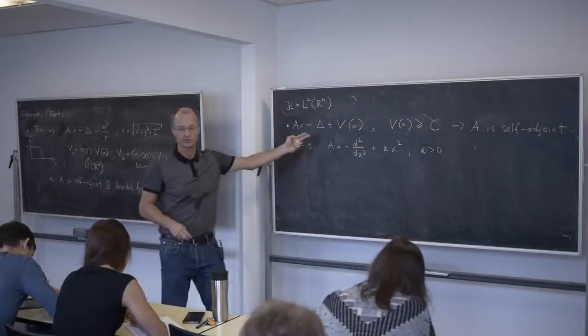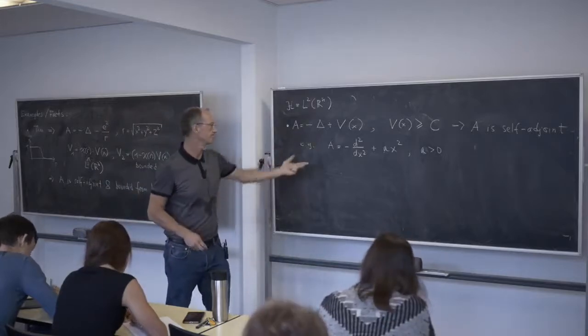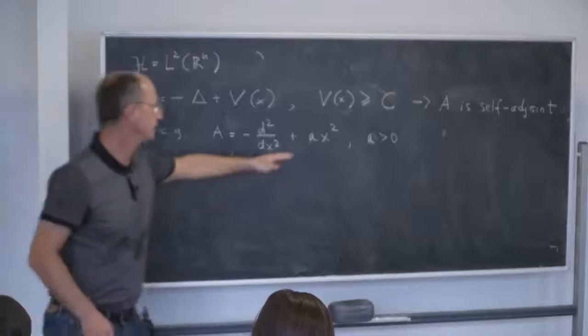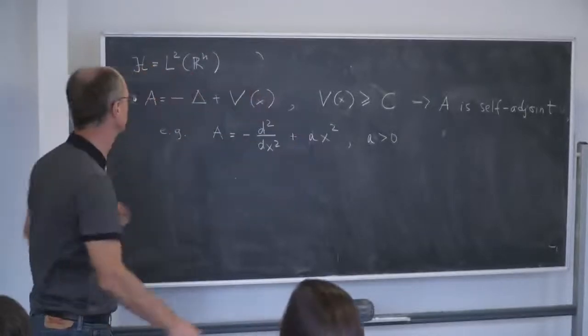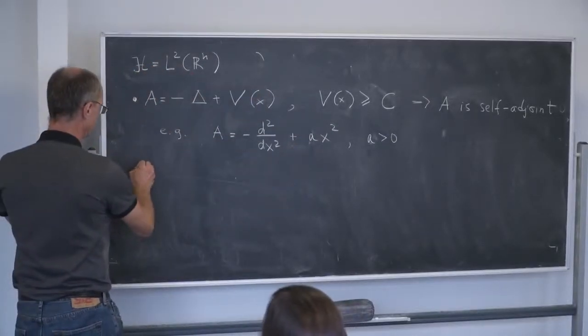Perhaps we'll come back to it later in the course. So this would be an example, right? This is clearly bounded from below, so this is self-adjoint.